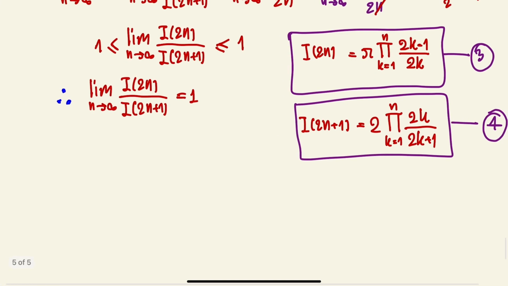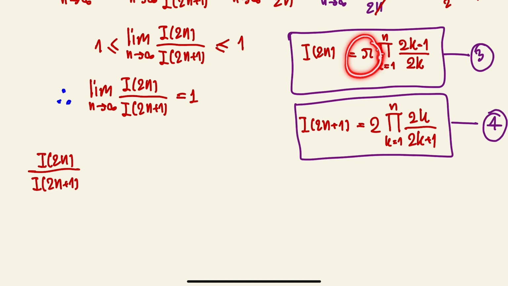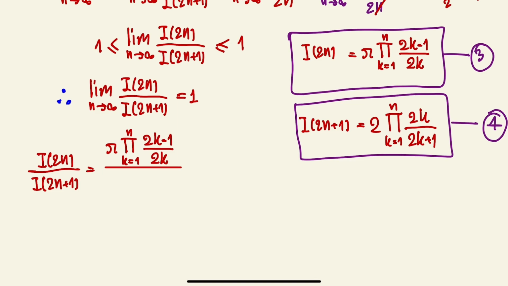So by 3 and 4, what do we have? I of 2n over I of 2n plus 1. Where is the pi? The pi is coming here. Let me copy this one: numerator over the denominator.